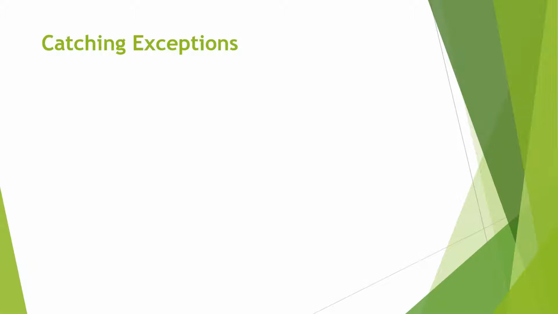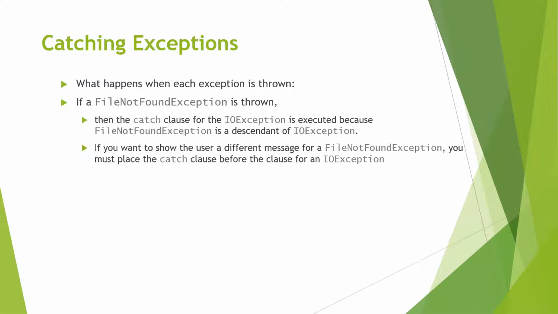So in this slide, we want to see what happens when each one of those three exceptions is thrown in the previous slide. If a file not found exception is thrown, then the catch clause for the IO exception, the first catch clause, is executed, because file not found exception is a descendant of IO exception.